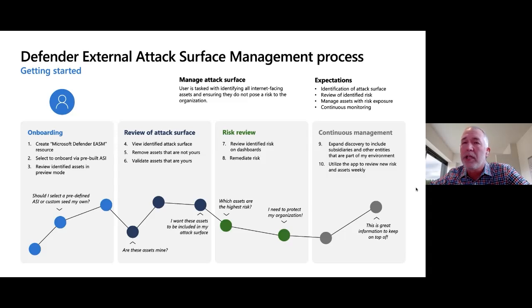We have a brilliant data science team full of PhDs, much smarter than myself, and they will pull in assets into your EASM resource based on relationships off of those seeds and assets that they found. And there's a step in here where the algorithm is great, but no algorithm is perfect. So there is a review step.